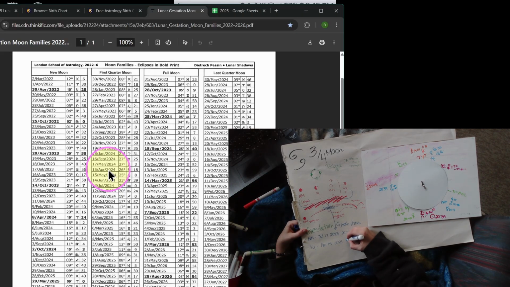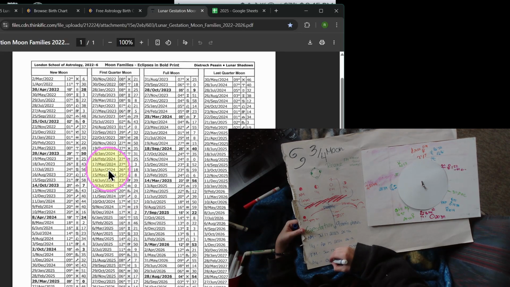Oh well. 26°18'. And the full moon. And the third quarter, which just happened.